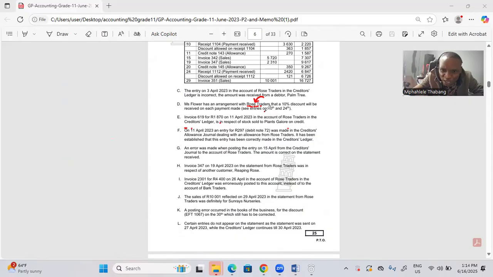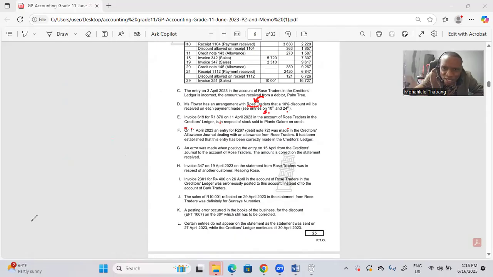Okay, so our business, Sunray Nursery, made an agreement with the supplier that there will always be a 10% discount on the payment. So let's check. They are saying see entry 10 and 24. Let's go to the creditors ledger first.